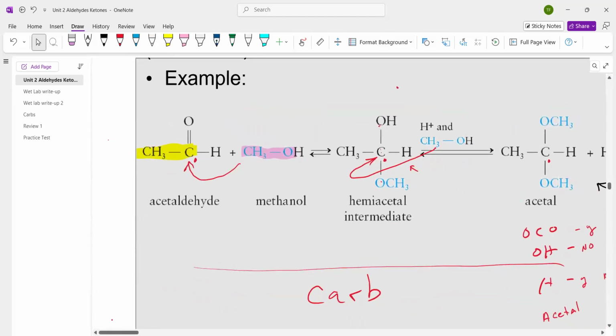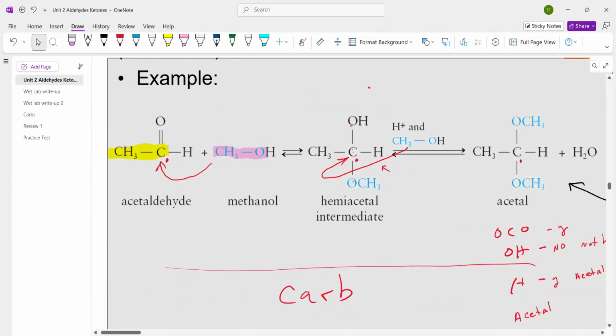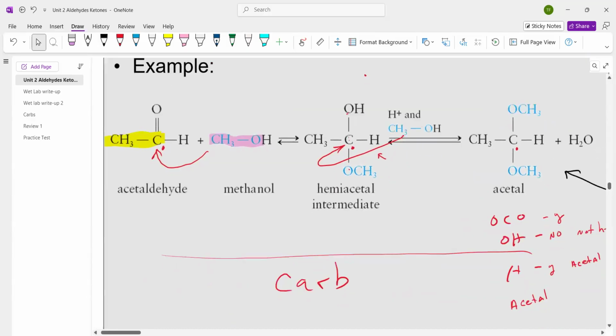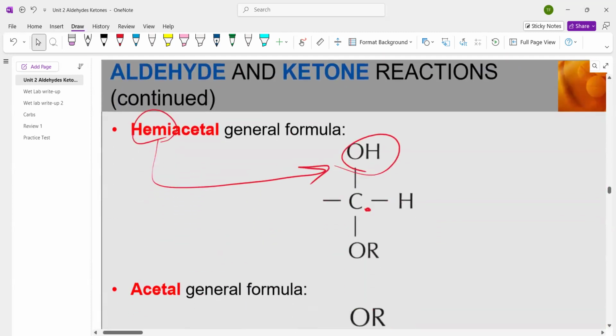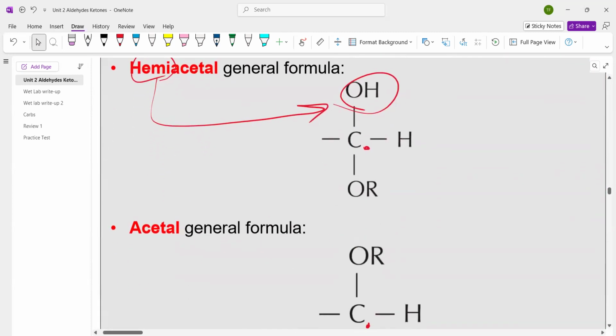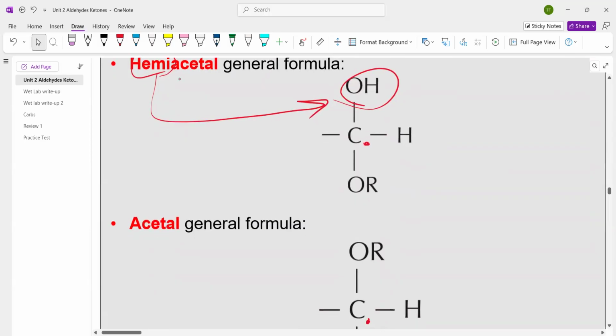Okay, so this is the tricky part of this unit, the acetals and the ketal reactions. So the OH makes it a hemi, and the H makes it an acetal. So it's a hemiacetal.